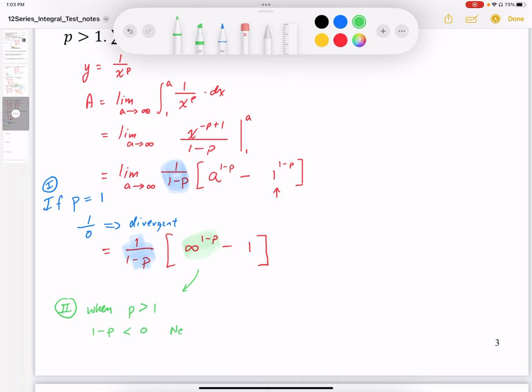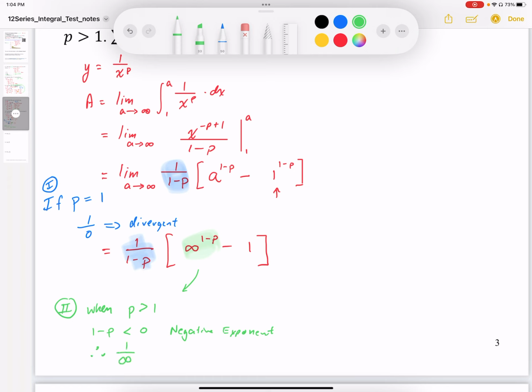This means it's a negative exponent, which means we're going to end up dividing by infinity.